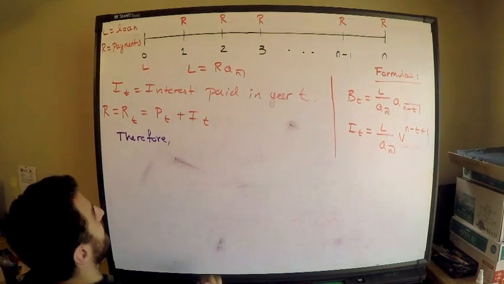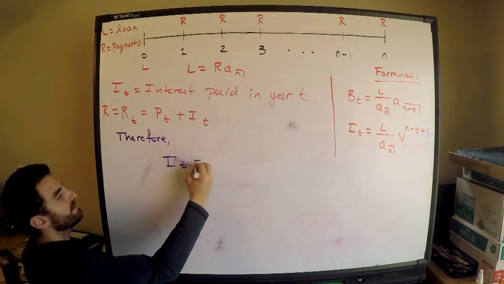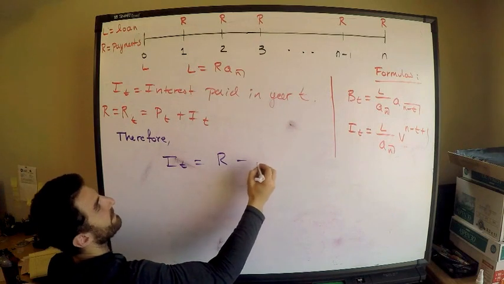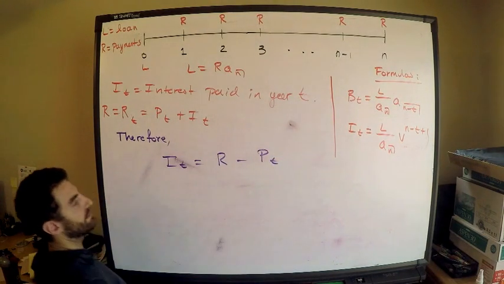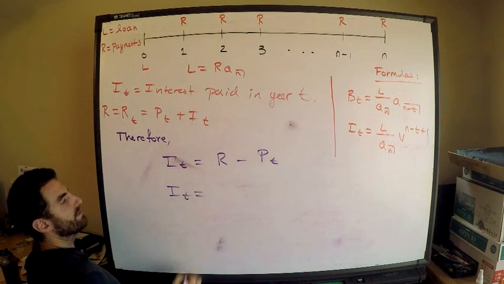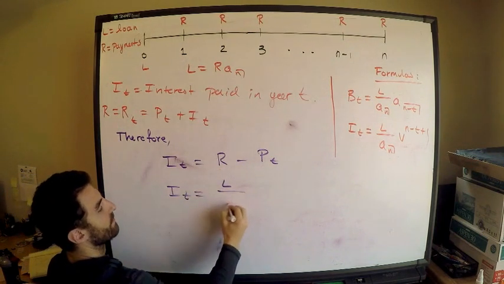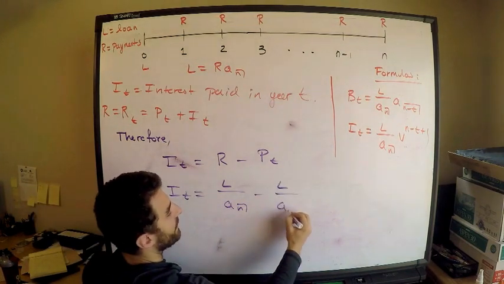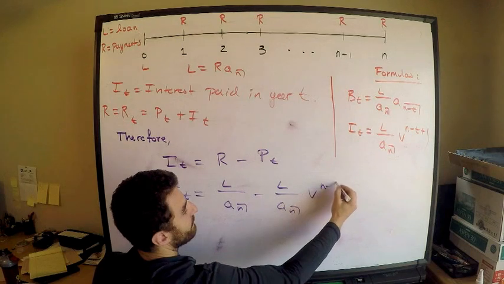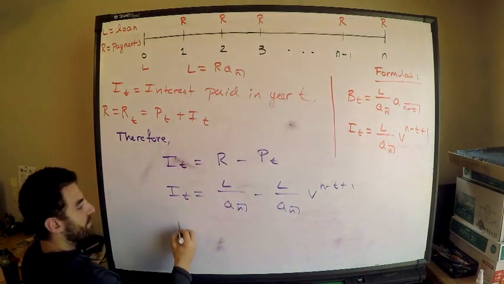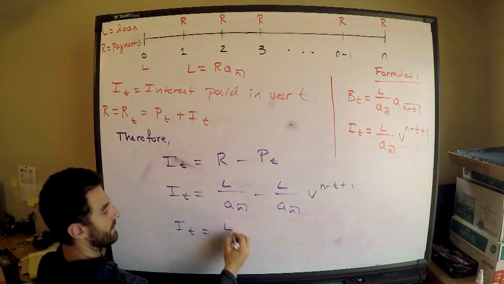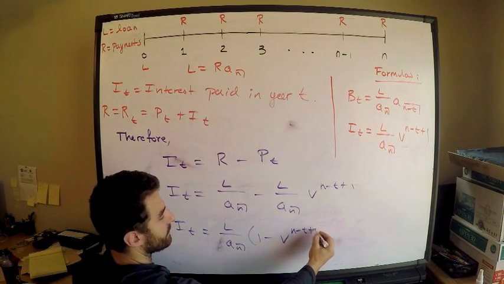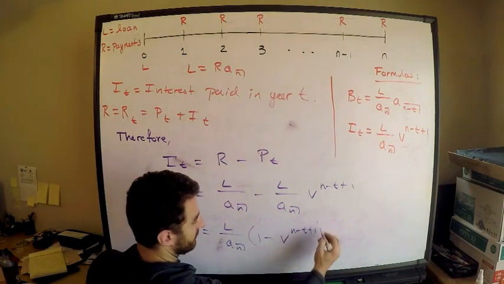This says that the interest paid in year T is equal to the payment, which is R, minus the principal paid in year T. So therefore I sub T, the interest paid in year T, is R, which is L over a angle N, minus the principal paid, which is L over a angle N, v to the N minus T plus 1. Factor out the payment, so this is L over a angle N times 1 minus v to the N minus T plus 1, and that does it.